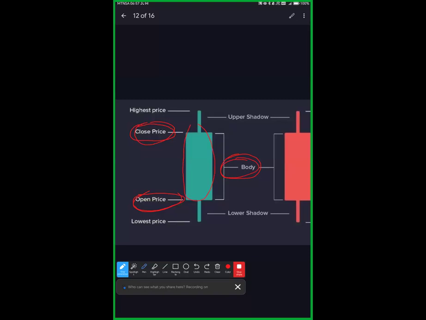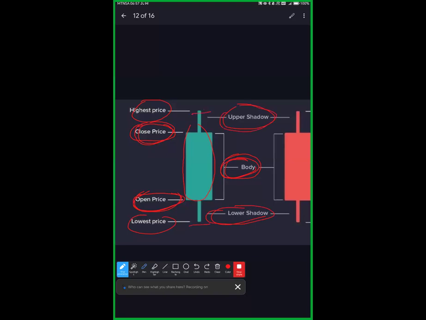But I want you to understand that when it comes to candlestick anatomy, there should be the opening price, the closing price, the body, the highest price, the lowest price, and then if there is poking of lines, you discover that there was an upper shadow and a lower shadow. This lower shadow shows you how low the price went. This upper shadow shows you how high the price went.